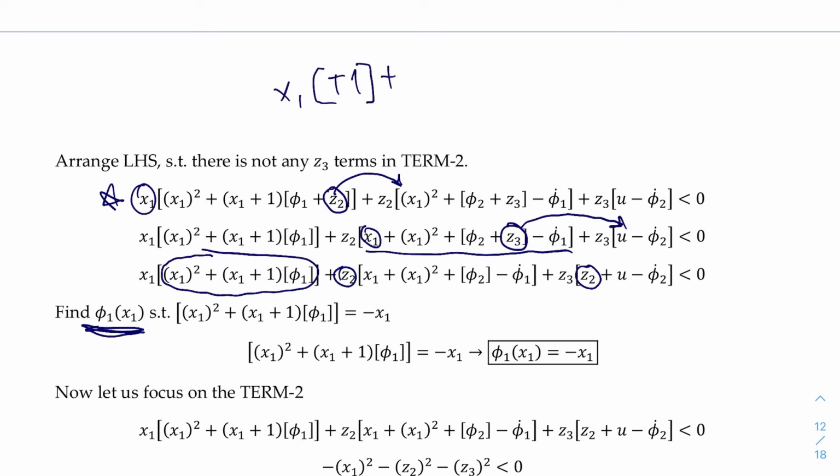So x1 term 1 plus z2 term 2 plus z3 term 3, right?